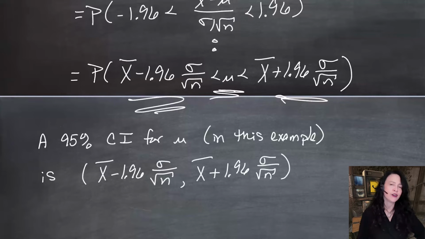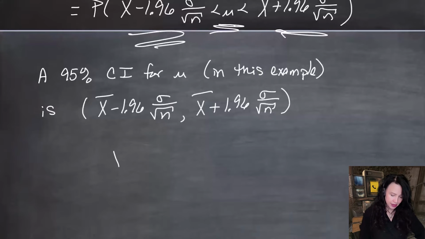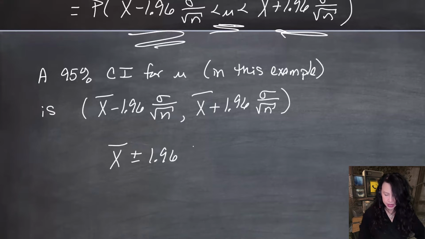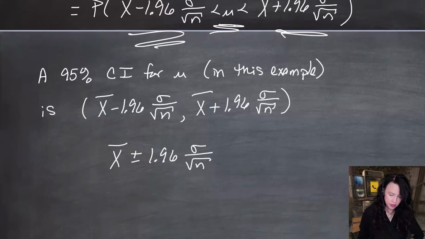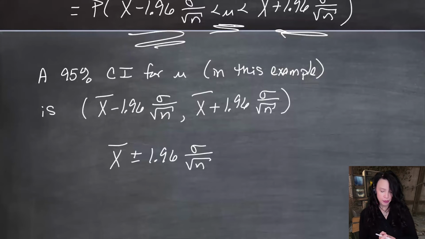And if you've ever seen a confidence interval, you've probably seen something like this written as just X bar plus or minus. But here in MathStat, we're not always going to have symmetric intervals, so you often have to write out both endpoints. But we have done it. We have found a, not the, but a 95% confidence interval for mu.